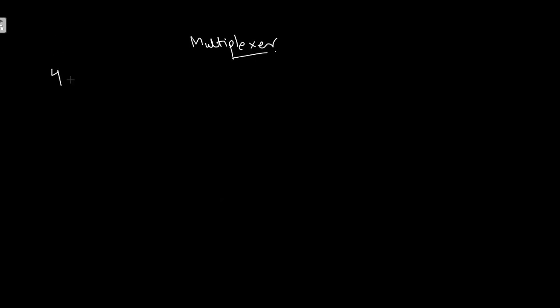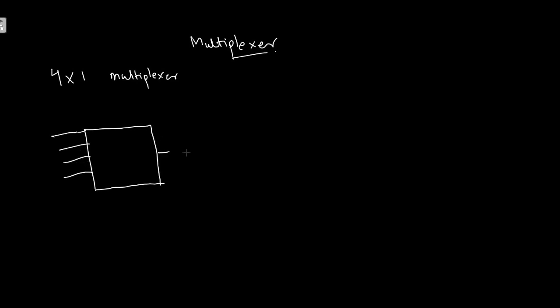Now we explain multiplexer taking the example of a 4 by 1 multiplexer. 4 by 1 means there are 4 inputs and 1 output, and these inputs are controlled by select lines A and B. So we take inputs I0, I1, I2, and I3. 4 by 1 mux. Output is Y. Now we draw a truth table.